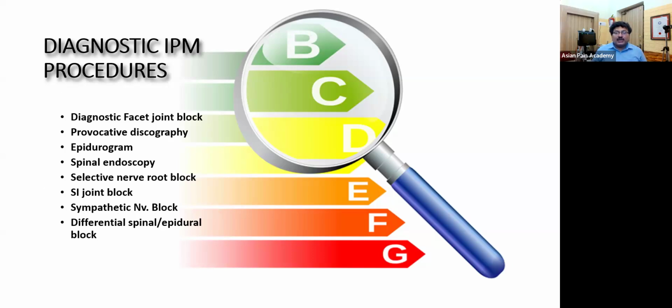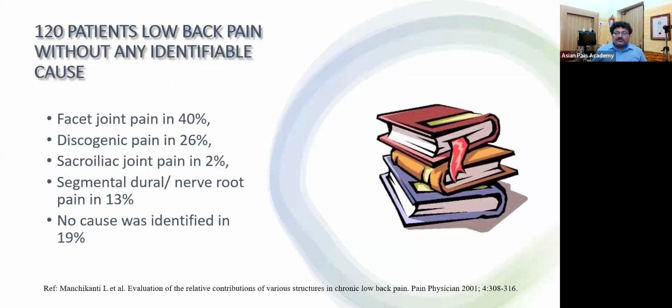Now, in those 5 to 6% of patients, when these diagnostic interventional procedures were performed to find out the cause of pain, it has been found that facet joint pains account for 40% of those patients. Discogenic pain contributes to around 26% of patients.